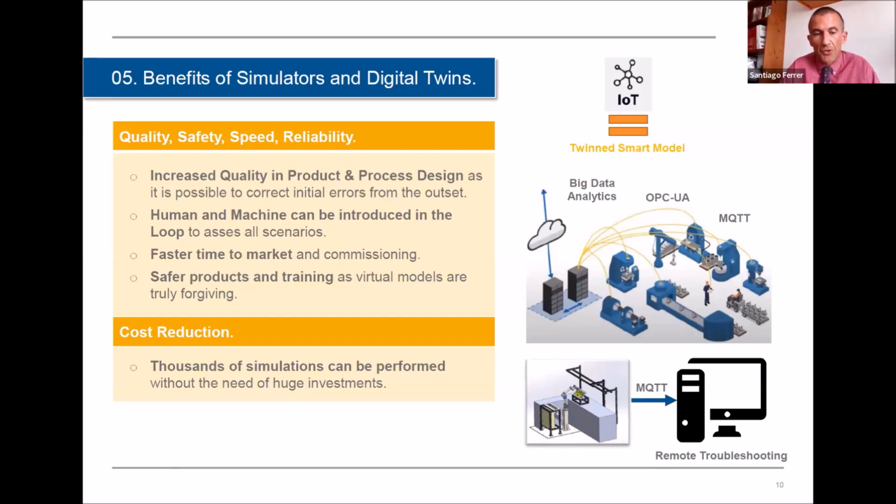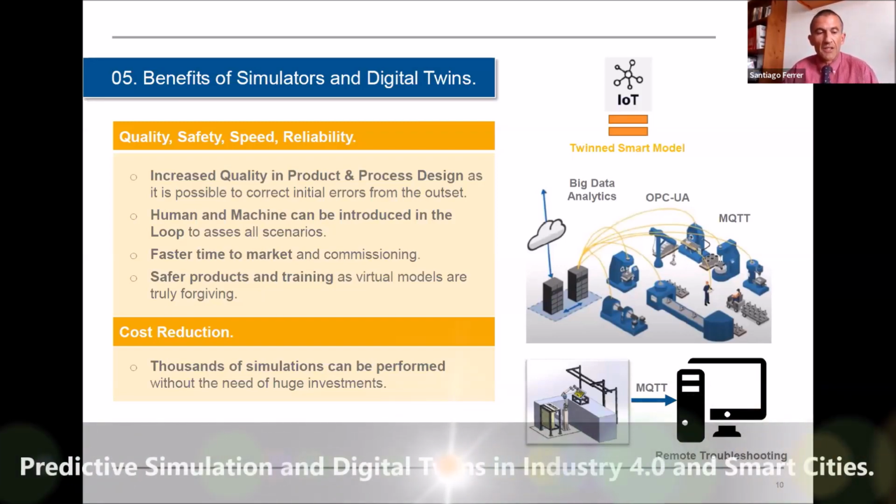Human and machine can be produced in the loop to assess all the environments and all the areas. With this approach, we give the simulators all features to work in unison and not in an individual and less than useful way. So all assets are simulated and tested safer.